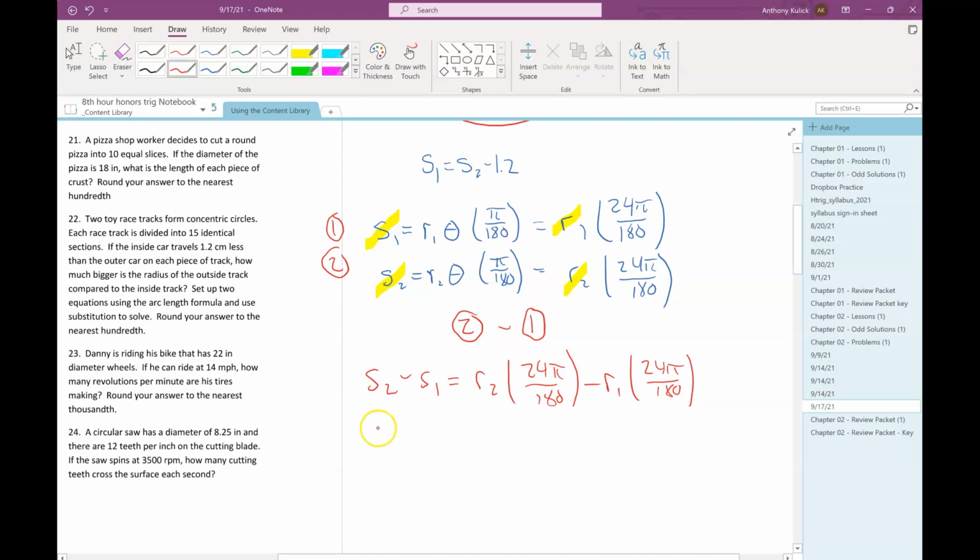I notice that on the right-hand side each of those has a 24 pi over 180, so I'm going to factor that out. And now I'm also going to observe that S2 minus S1, well, I know what that is, right? I can take this equation, add 1.2 to both sides and subtract S1 from both sides, and I know that S2 minus S1 is 1.2.